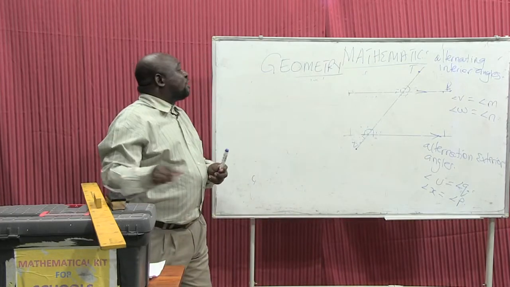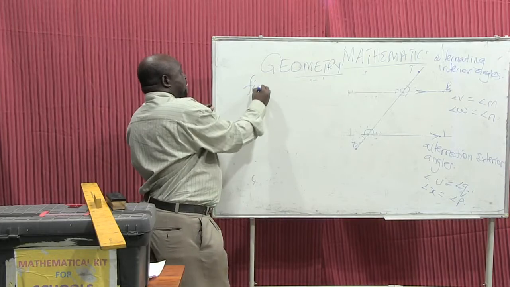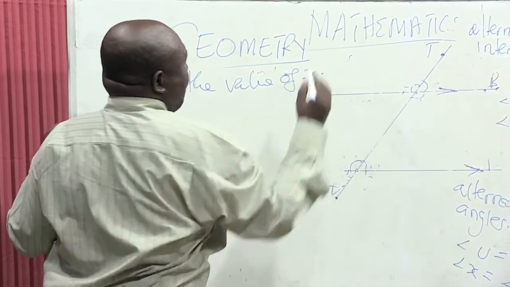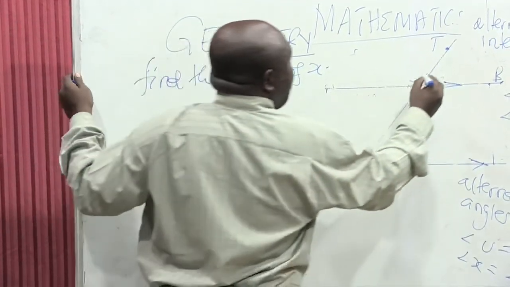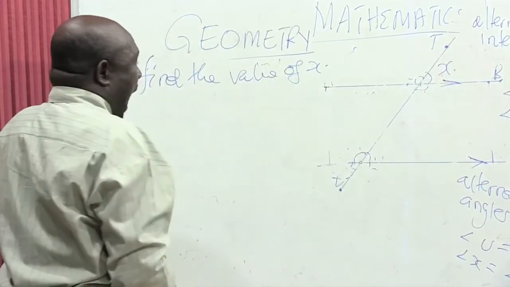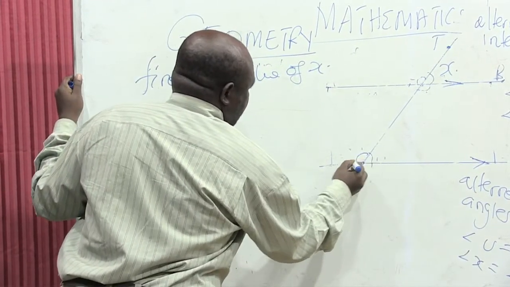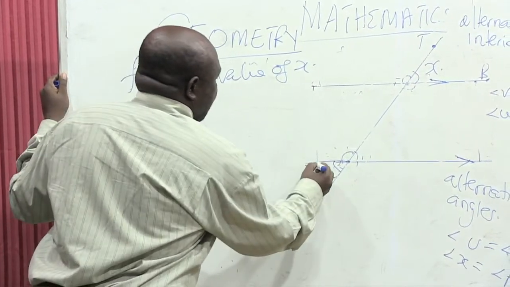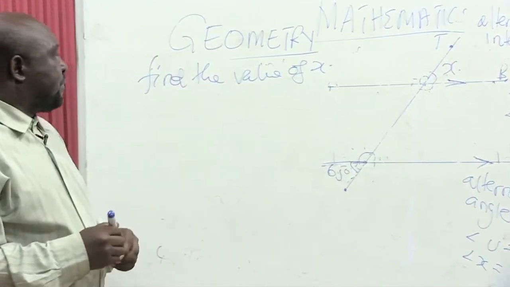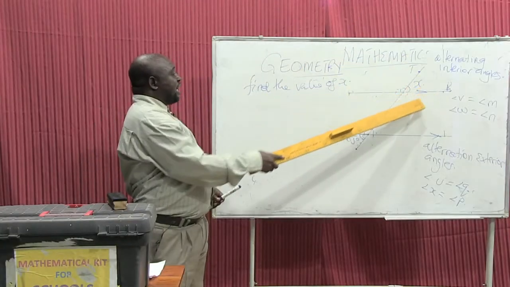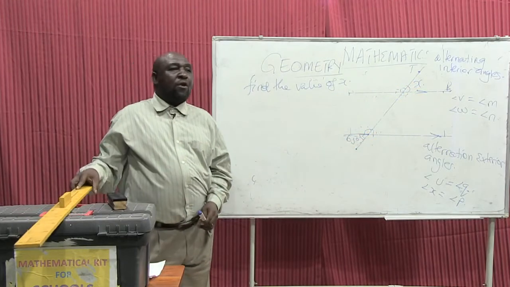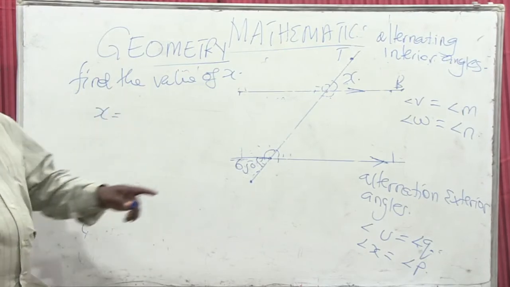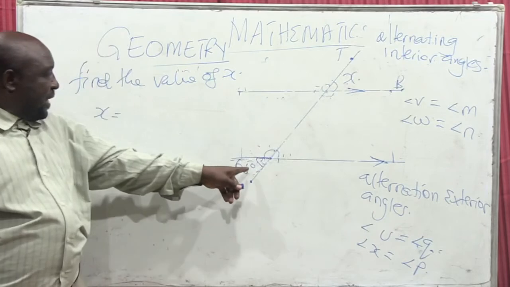Now, you can be asked to find the value of X from that particular figure. Suppose X is here, and at this particular point, they give you 65 degrees. The X is found here, and 65 is here. How do you calculate the value of X? You say X equals, look at the relation of X and 65.